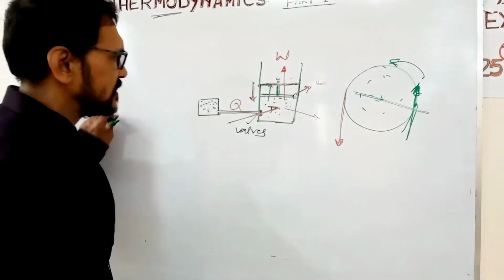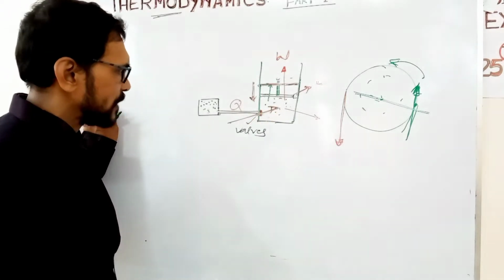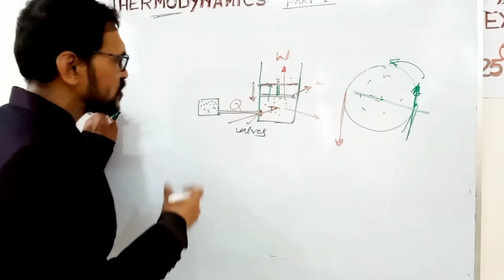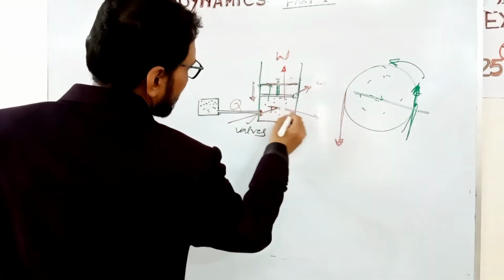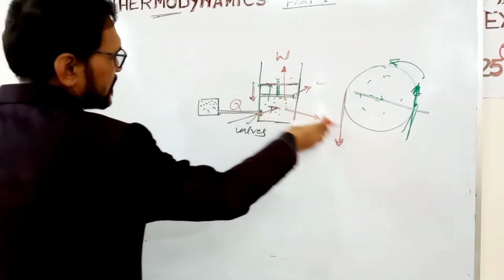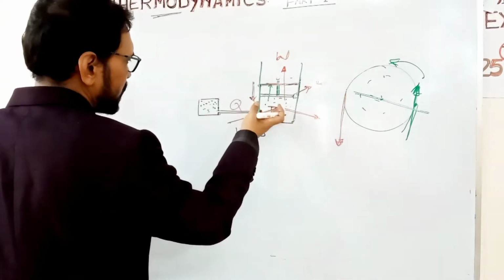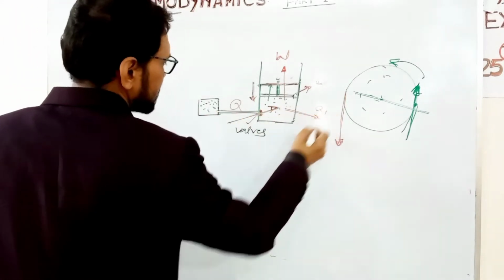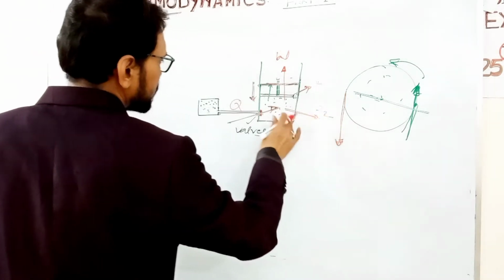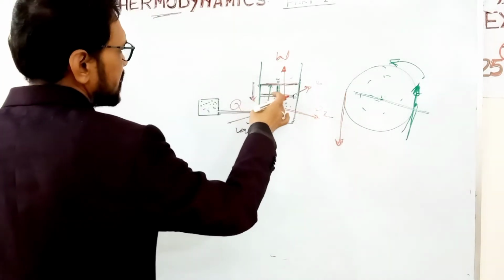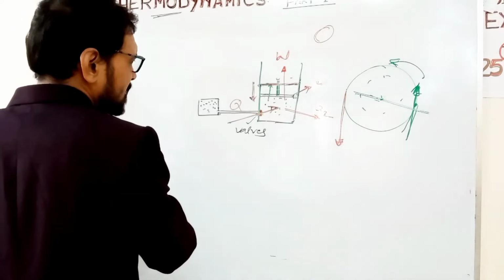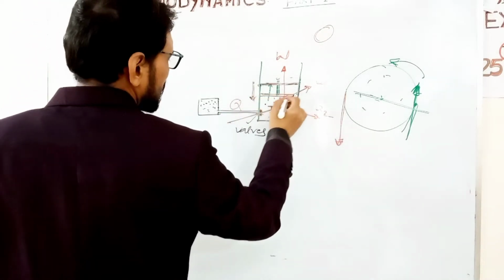In an automobile engine, we see that some heated gas, sometimes with sparking, comes out from the car. So some heat is ejected from this system. Now heat is supplied to the system, some heat is ejected from the system, and work is done by the piston system.